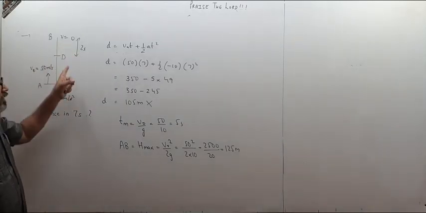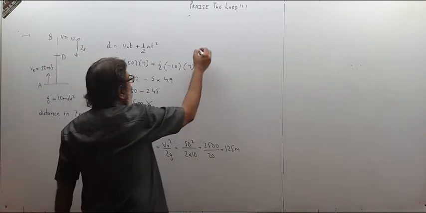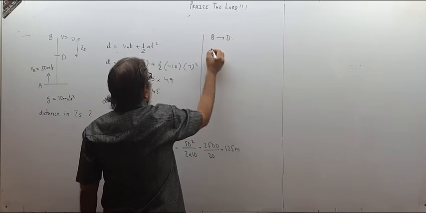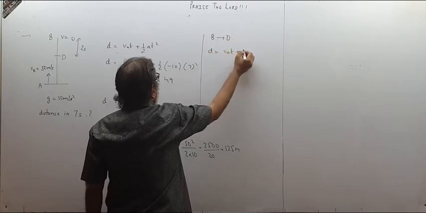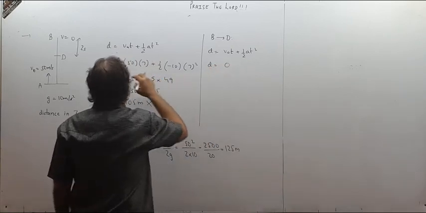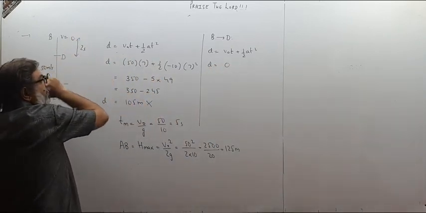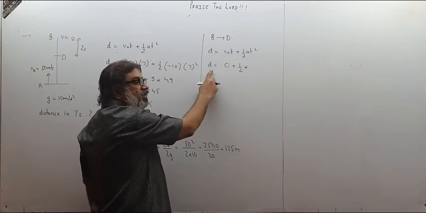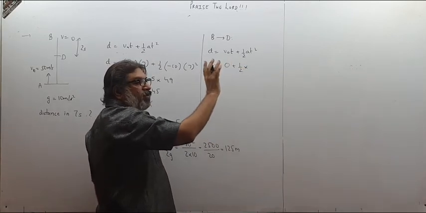Now it again starts falling from B to D. So if I see from B to D, distance covered will be V0t plus half at square. V0 is 0, because when it starts falling from here the velocity is 0, plus half, I am calculating distance, so I take everything positive.